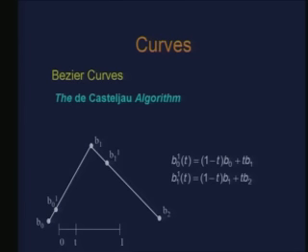Then we started looking at a different way of constructing these Bezier curves. One was using Bernstein polynomials as a basis or blending function, and there is another way of constructing these Bezier curves, and that is the de Casteljau algorithm. The de Casteljau algorithm works using linear interpolation.